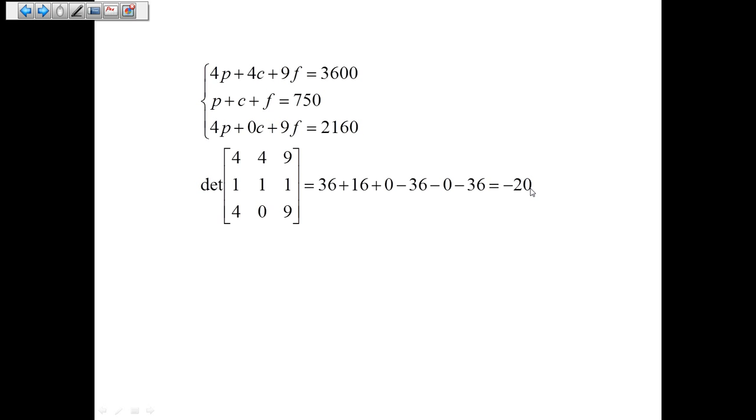Now I'm going to need to set up 3 additional determinants. I'm going to replace the P column with these answers, and that's how I'm going to solve for P. Then I'm going to replace the C column, this 4, 1, 0, with my answers, and that's going to find my C values. Then I'll replace the F column with my answers.